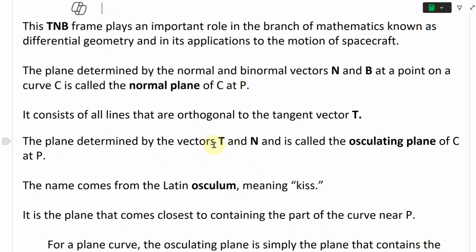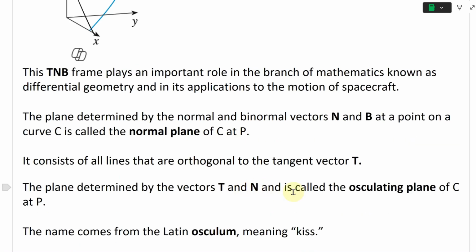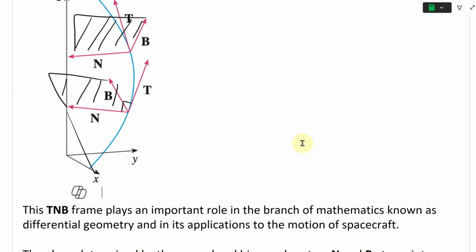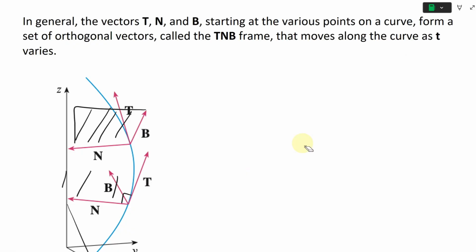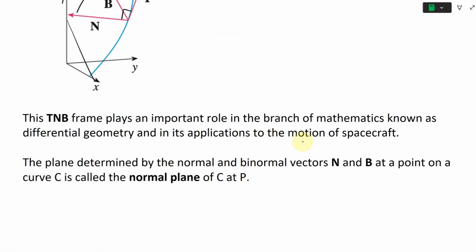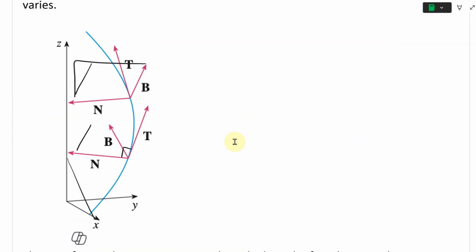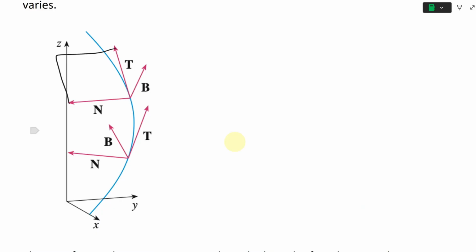The plane determined by the vectors T and N is called the osculating plane of C at P, and the name comes from the Latin osculum, meaning kiss. So N and B is the normal plane, and the osculating one is T and N, so that's this part right here.